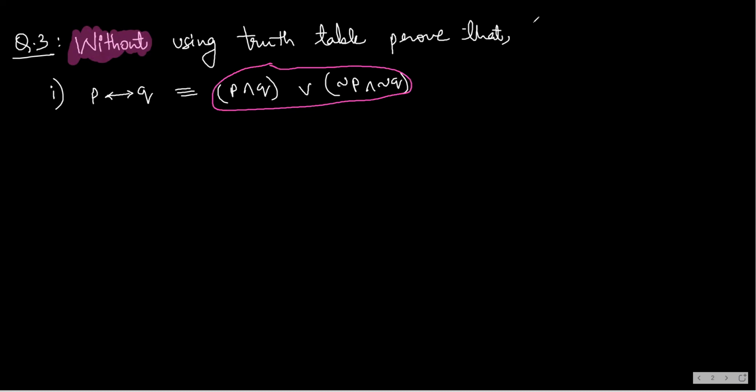If the construction of a truth table was allowed, the thing would have been done in a different way. We have already done such a question where we proved the logical equivalence of two statement patterns, one on the left hand side, the other on the right hand side, by using the truth table. But here it is not allowed.